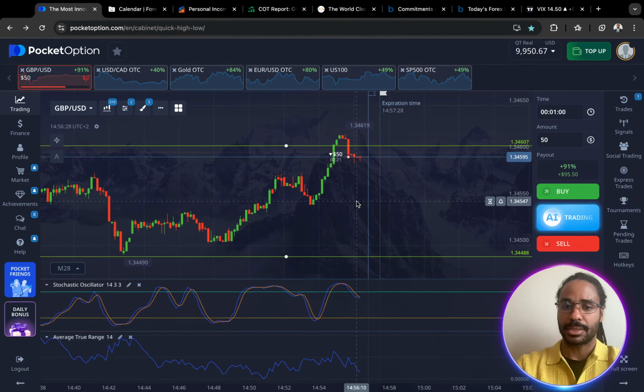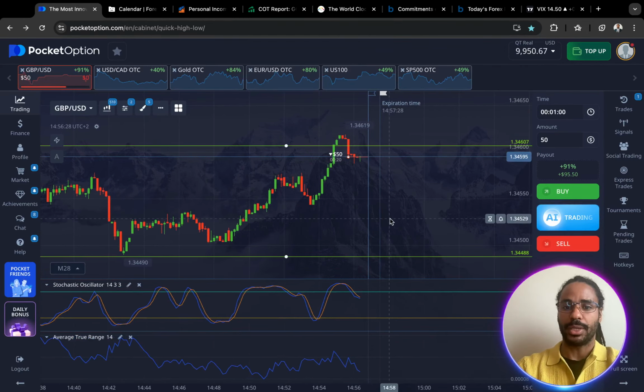So simply wait. We have 20 seconds to go, and we've hit the upper boundary. 10 seconds to go. So you just wait. It's a waiting game.